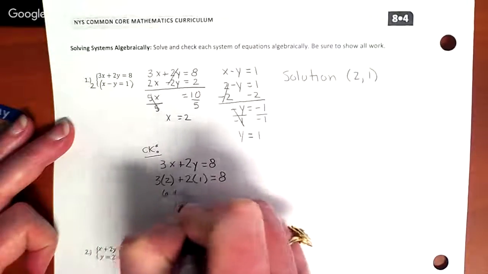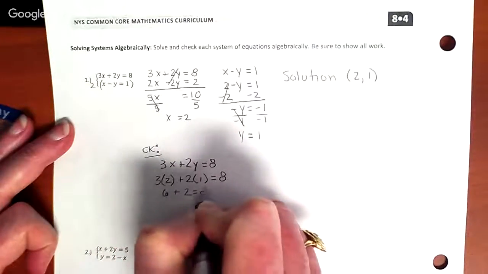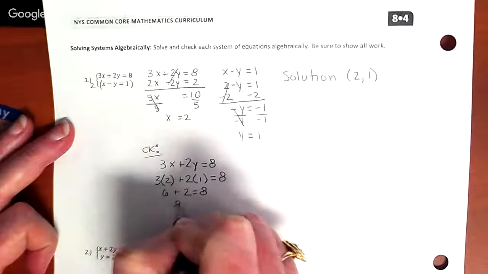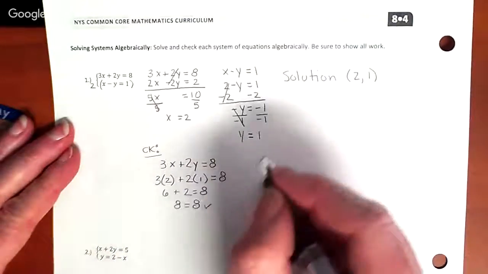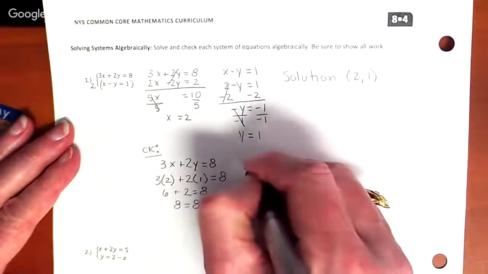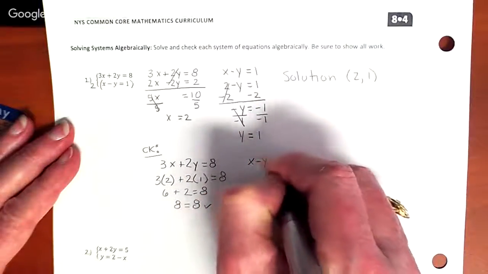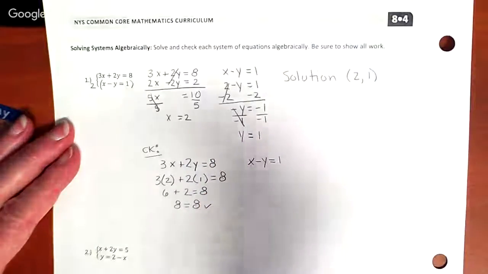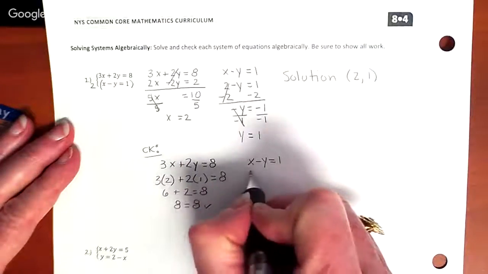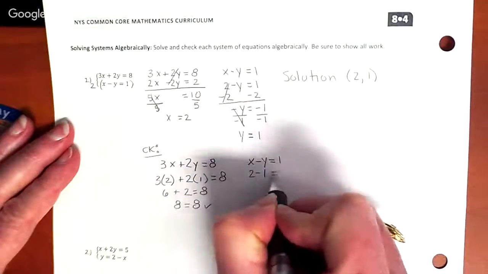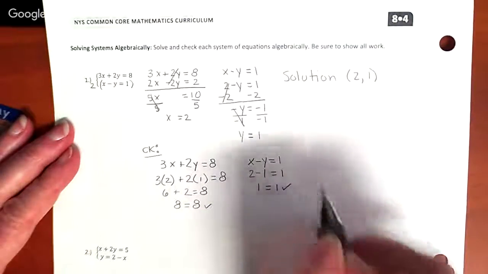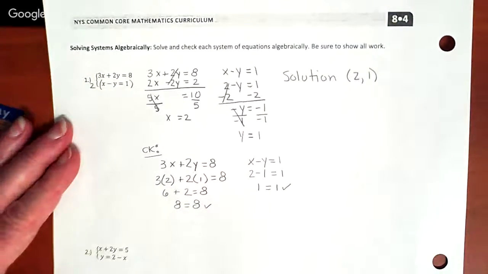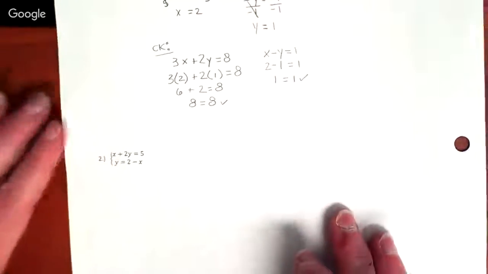There's 6 plus 2 equals 8, and 8 equals 8, and that checks. Then I have x minus y equals 1. So I have 2 minus 1 equals 1, and 1 equals 1. So both check.